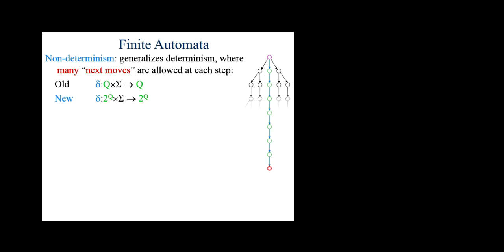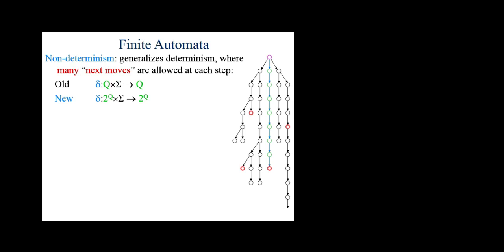So the computation can start bifurcating, and you have several next states, and that's intuitively similar to having multiple threads running, bifurcating from an original thread, and all of them run in parallel. And they evolve independently of one another.